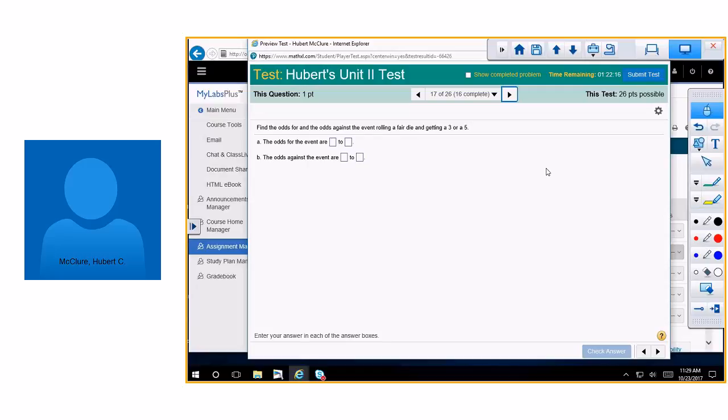Find the odds for and the odds against the event rolling a fair die and getting a 3 or a 5. Now, we did this one the other day. This is out of 7.A. So it's not anything to do with the additive law or the multiplicative law because we hadn't learned it yet.